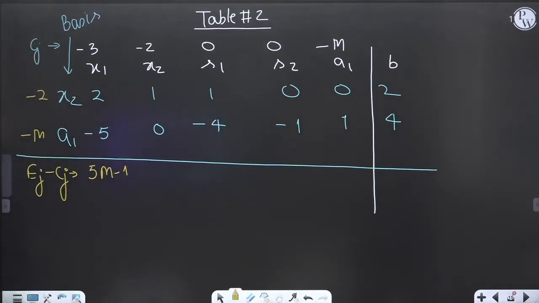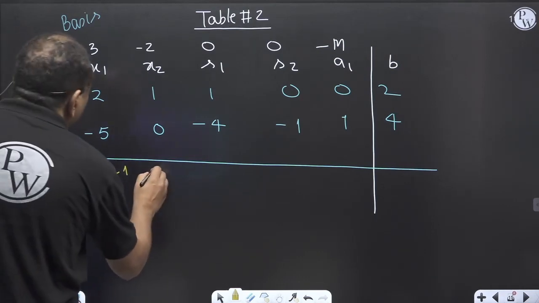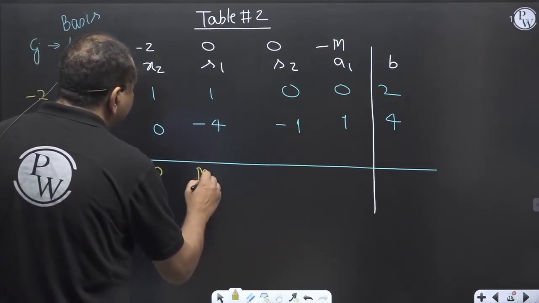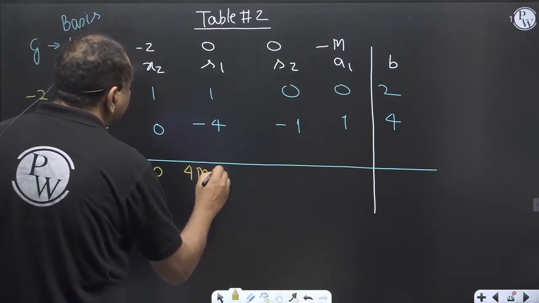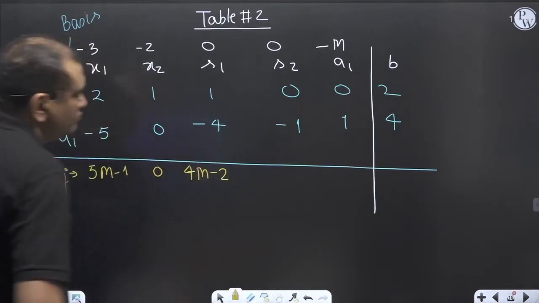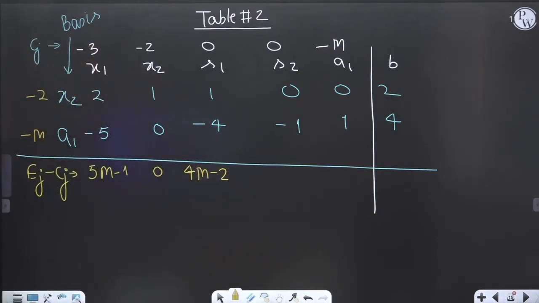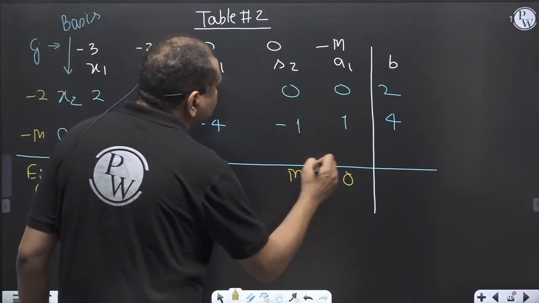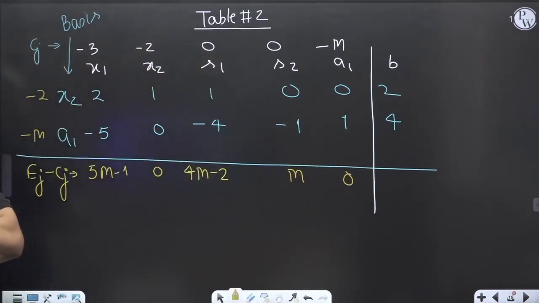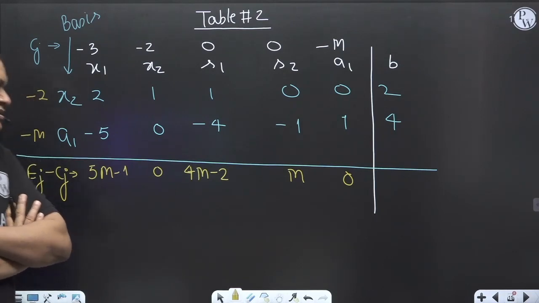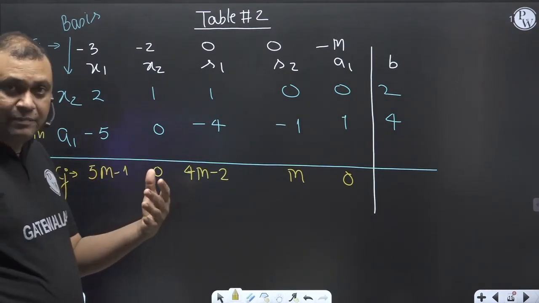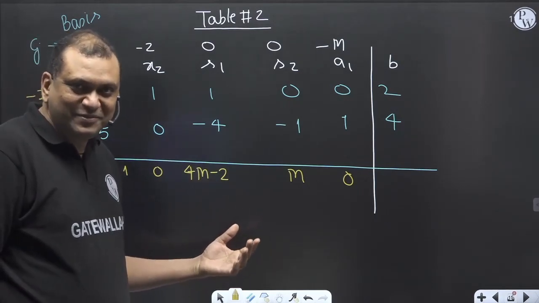Five M minus 1, 0, 4M minus 2, 4M minus 2, M. This is my Cj minus Zj, because we have practiced a sufficient number of problems.